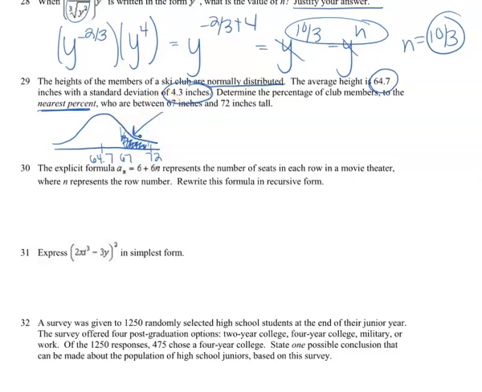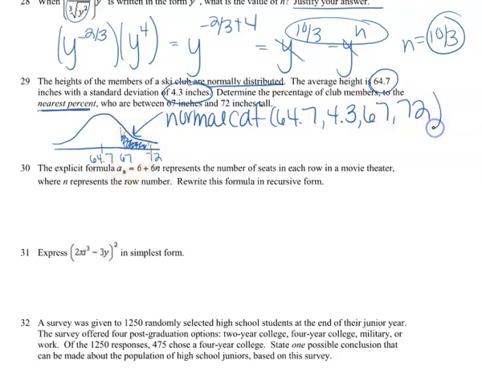Anytime you're finding the area under the curve, you're finding the probability. That means you're doing normal CDF, where it would ask you to type in the mean, the standard deviation, the left bound, which in this case is 67, and the right bound, which is 72. Where's my calculator?